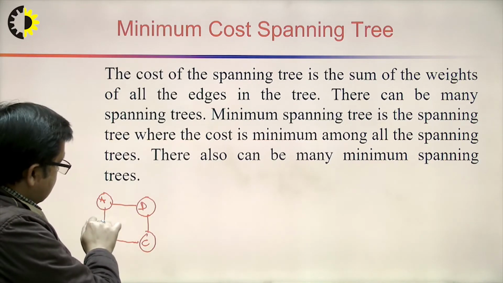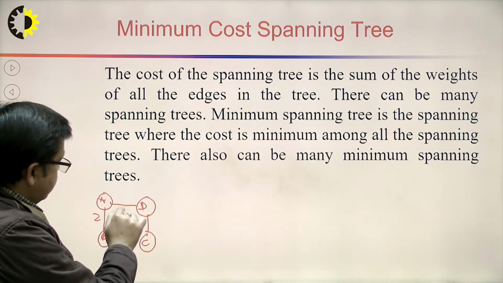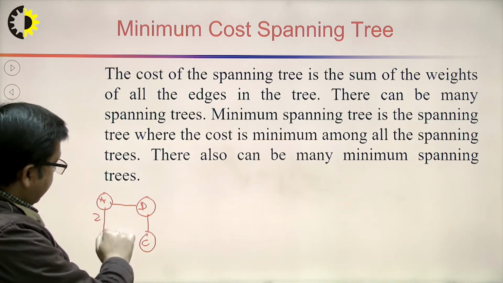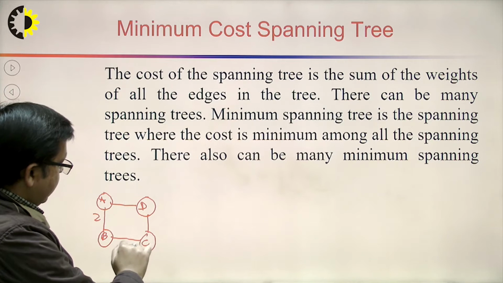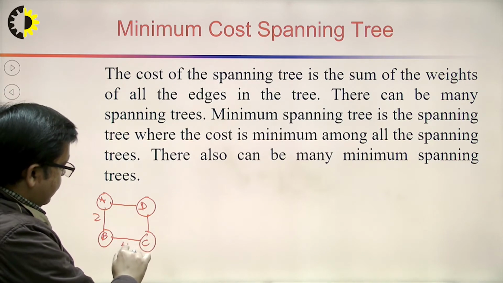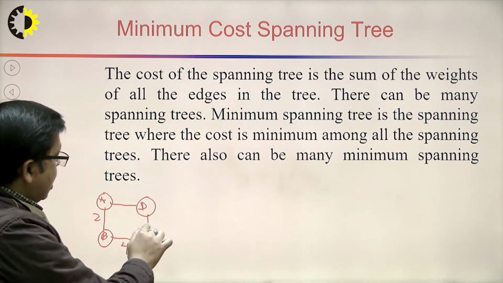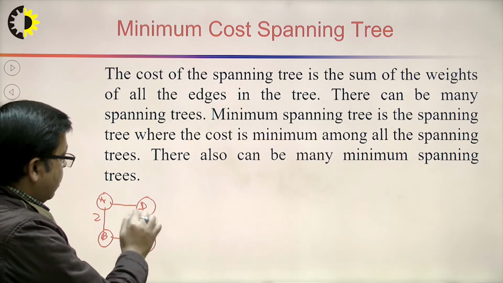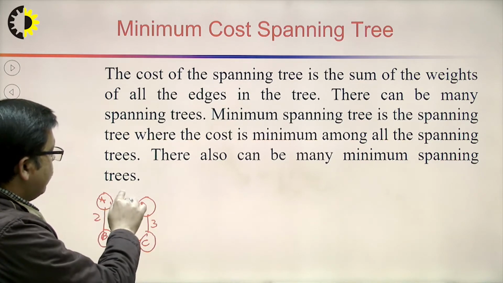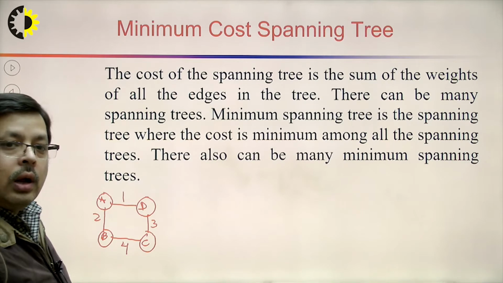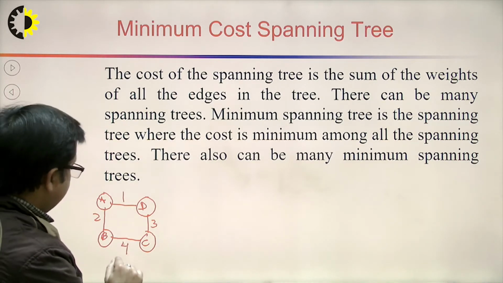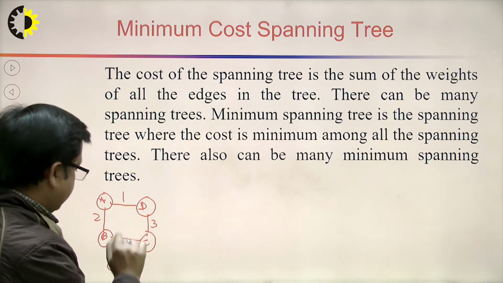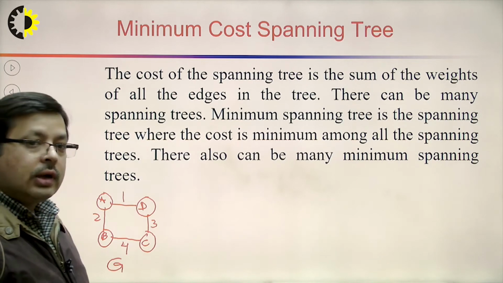So let's assume some weights on the edges. Let the weight of the edge between A and B be 2, the edge between B and C have weight 4, the edge between D and C have weight 3, and the edge between A and D have weight 1, right. We name this graph G, this is the original graph.